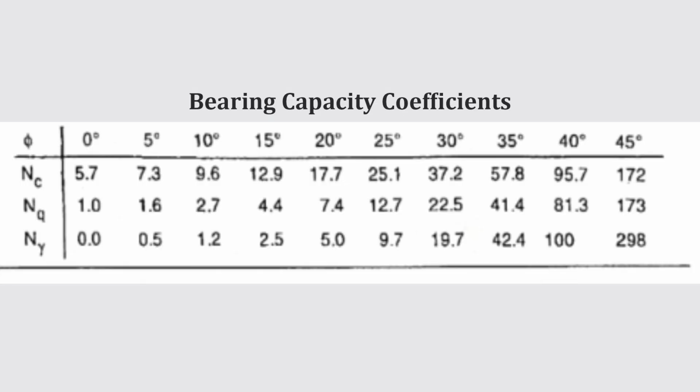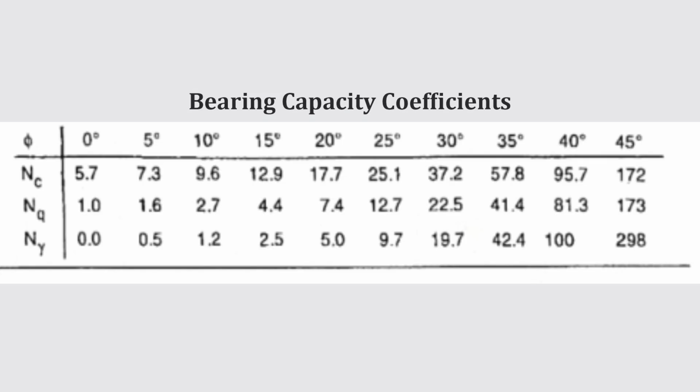So if we head over to our bearing capacity table, we are given a phi of 32 degrees.